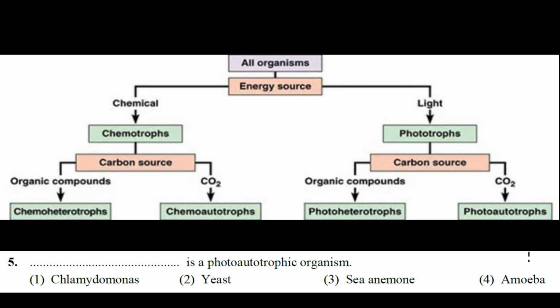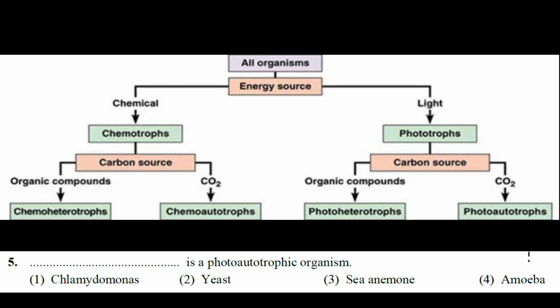The Chlamydomonas is one of the algae. As we know, algae use sunlight to produce their own food. So Chlamydomonas is definitely a photoautotrophic organism. The second option is yeast. Yeast is a fungus, and all fungi do not photosynthesize, and they get energy from breaking down organic matter.